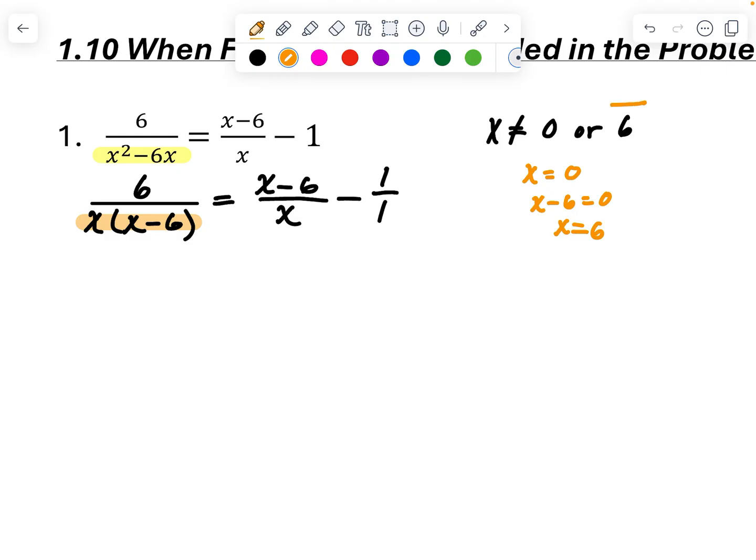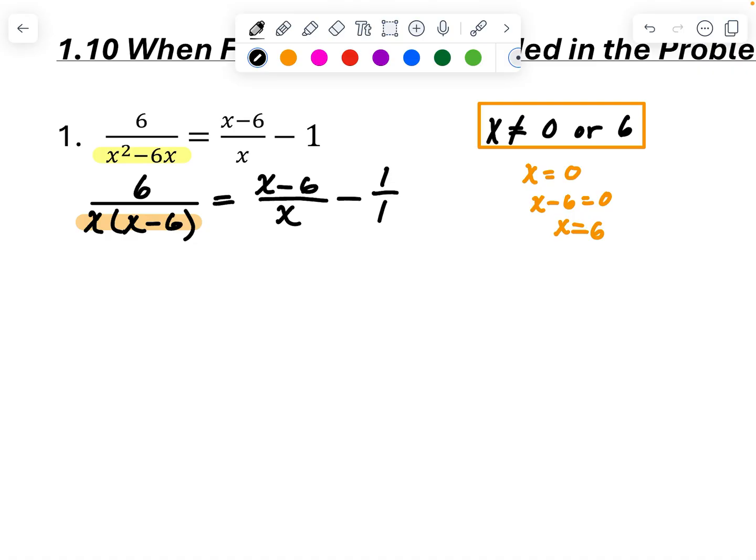So we're going to say x can't be 0 or 6. So if we do all the algebra correctly, and we get one, or perhaps both of those numbers, then neither of them can be a solution, even though algebraically they work just fine.